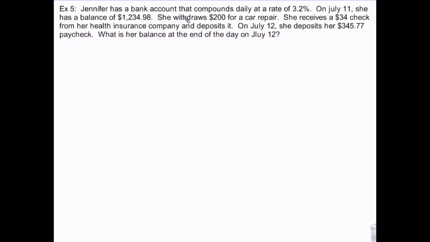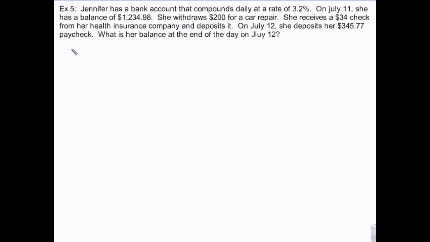Okay, so here we have a daily compounding account, and she has a balance on July 11th, and then she withdraws $200. This is how the bank calculates these things. They calculate your interest at the end of the business day.